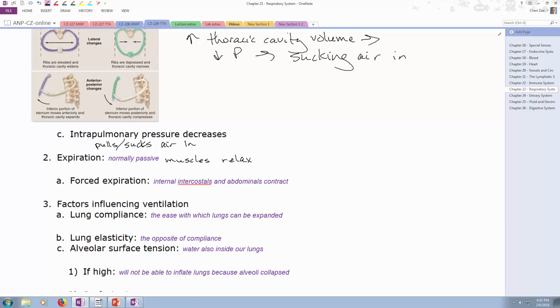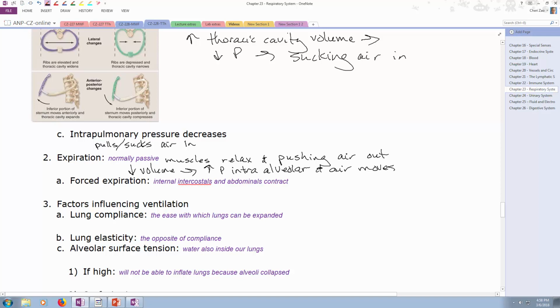Muscles relax passively, and you end up pushing air out because we will have a decrease in volume when this happens, and therefore an increase in pressure inside. And air will move out.